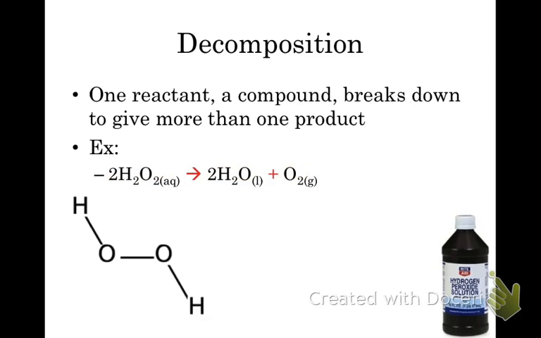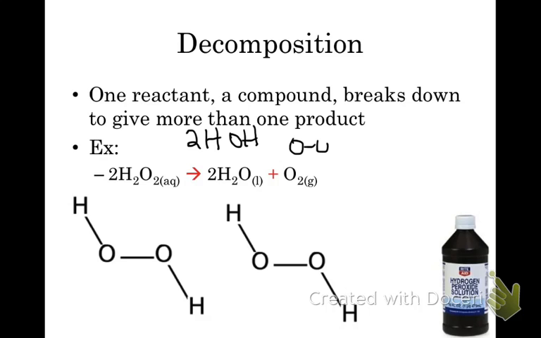To show you how that happens, you're taking two hydrogen peroxides and we're breaking the bonds that are occurring between them. So we know we need to have two HOHs. Remember from balancing chemical equations, we can write H2O as HOH, and then an oxygen-oxygen bond. So we can have an OH here, OH there.